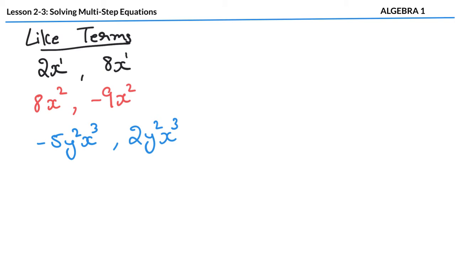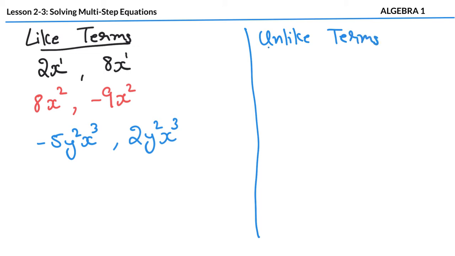Now what are unlike terms? Unlike terms are, of course, terms with different variables or with different powers. For example, 2x and 3x squared. Although the variable is the same, the powers are different. So they are unlike terms.